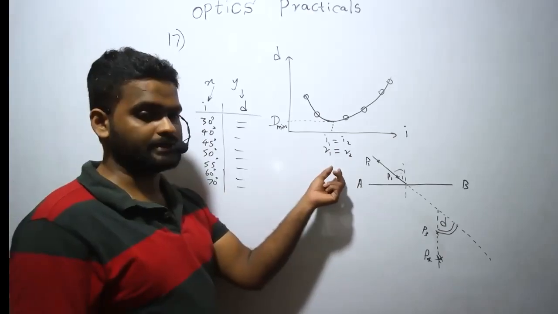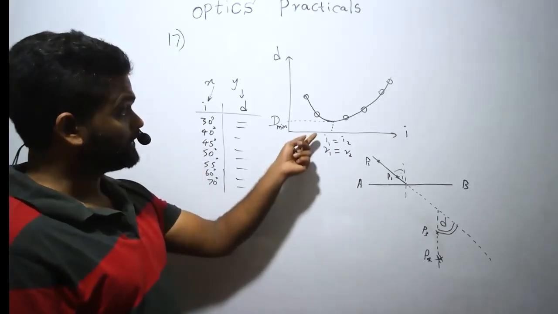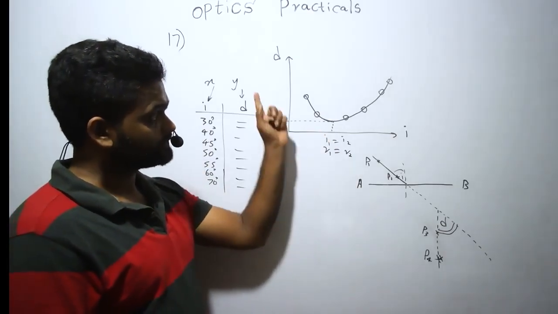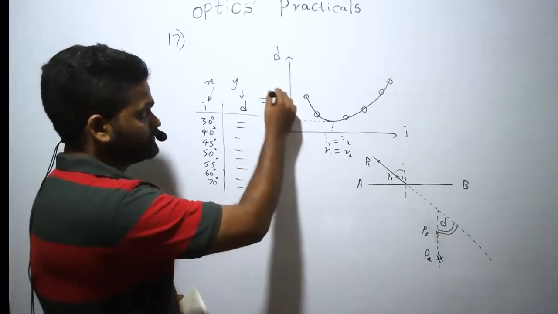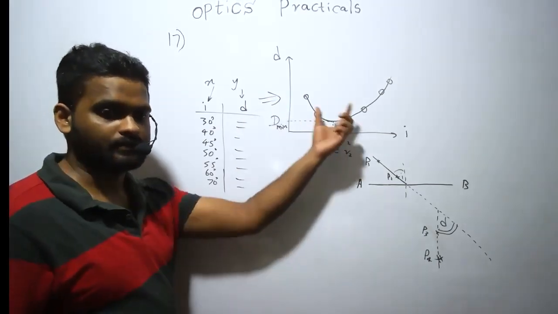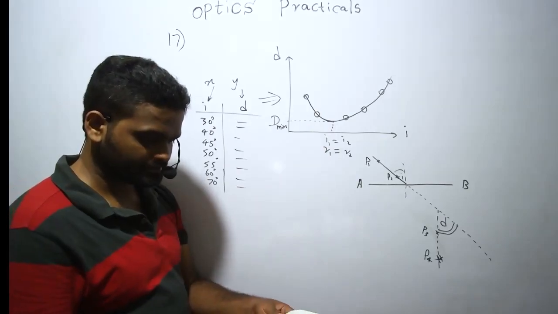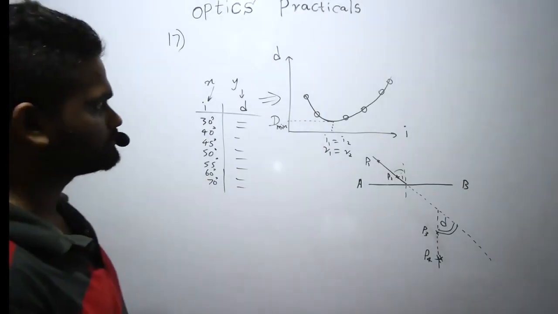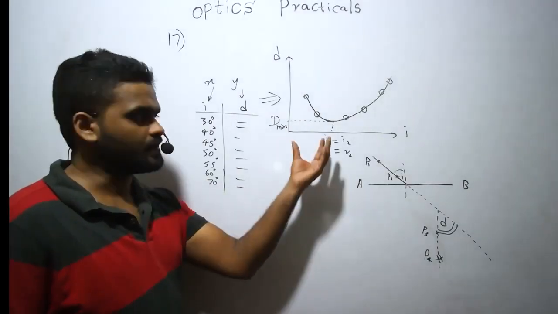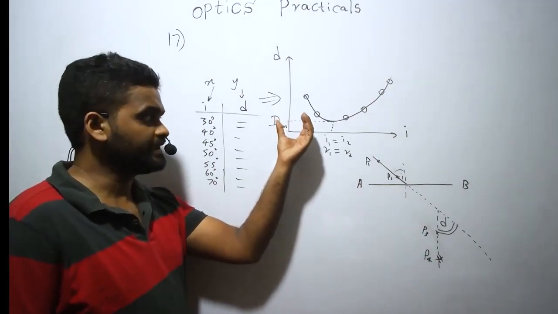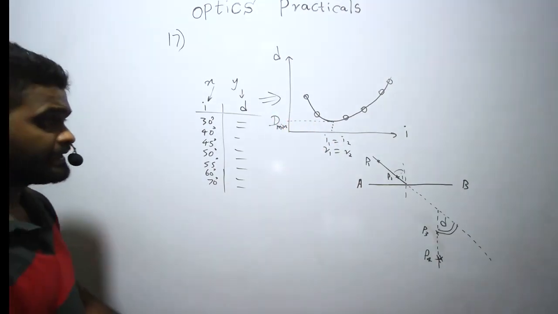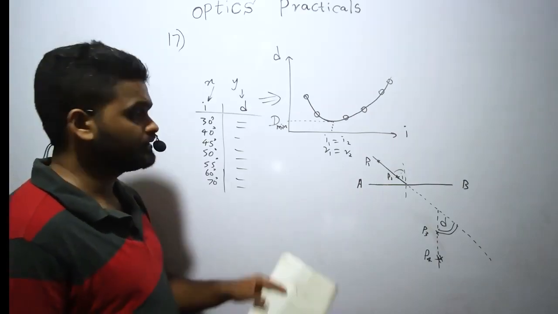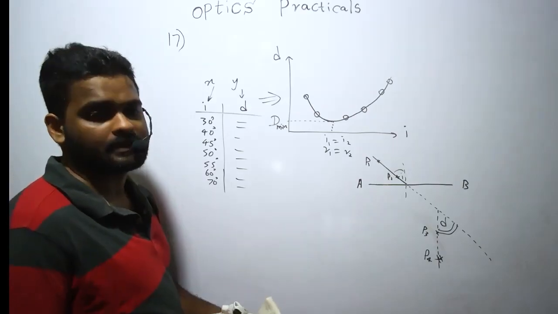In theory, you have learned that, right? Take down this one and draw the graph. So that is how we find the minimum angle. Okay, so this is how we find the D min, right? Then write a subtopic.